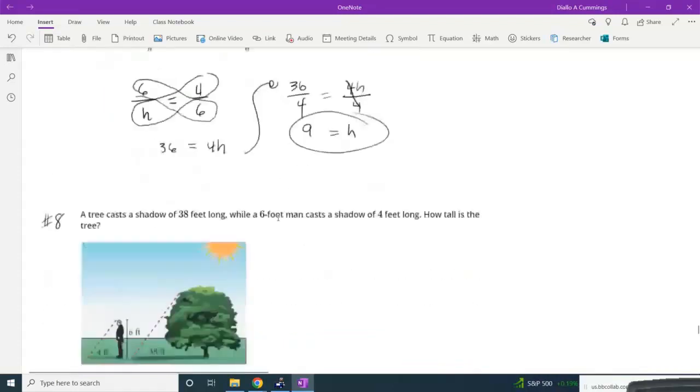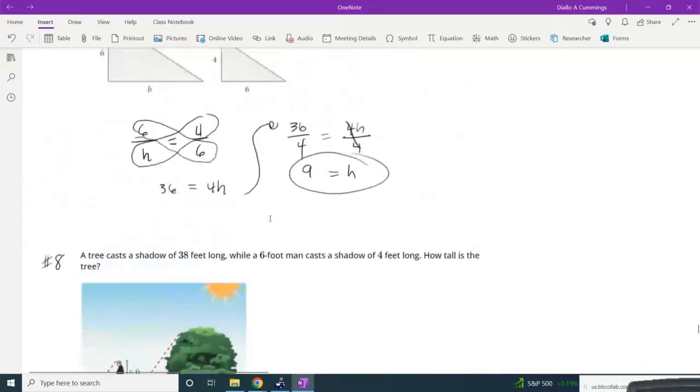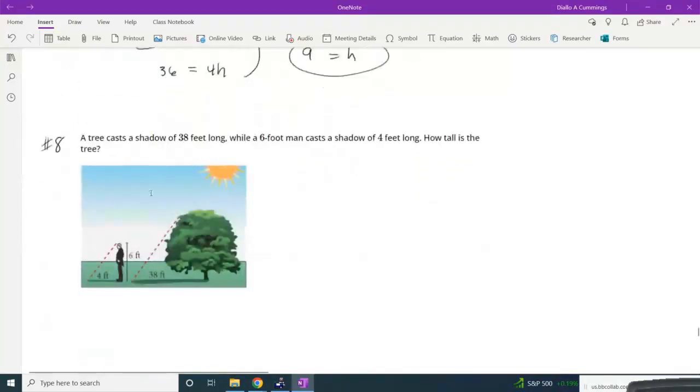All right, let's look at the second example, which is actually similar to your problem number 8. It says a tree casts a shadow 38 feet long, while a 6-foot man casts a shadow that is 4 feet long. How tall is the tree? And we're going to use a proportion to solve.